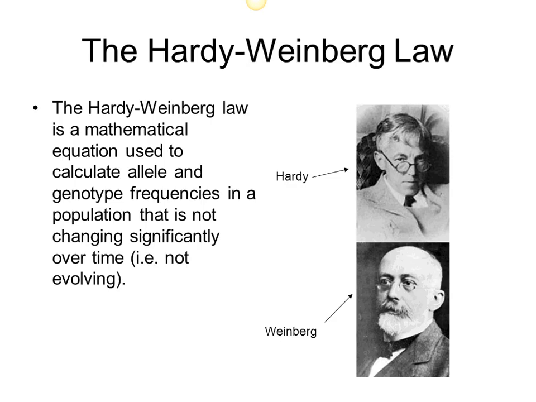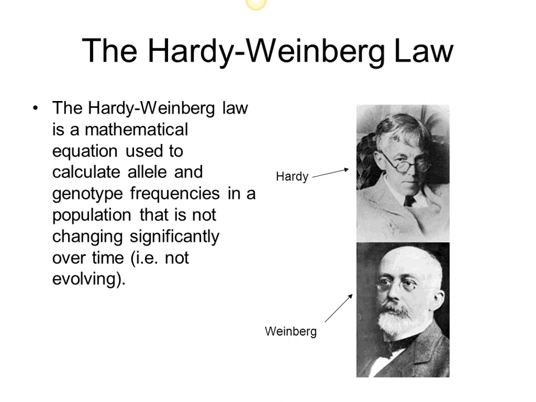Now, the two mathematicians who came up with a model or a mathematical equation to study population genetics were Godfrey Hardy and Wilhelm Weinberg. And they didn't know each other. Godfrey Hardy was British, Wilhelm Weinberg was German.